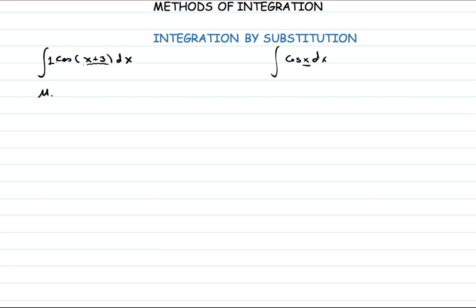You take this one as u, it is going to give us x plus 3. Now, the derivative of this is going to give us what? Derivative of this constant 3 is 0. Derivative of x is 1. So we're going to have 1 dx. See, if you take this one as u, we have the derivative, which is this 1 times this dx here.